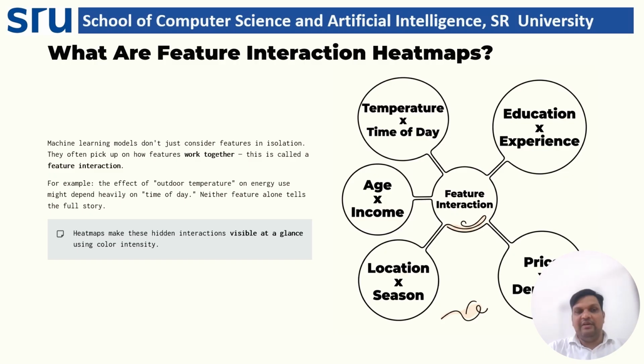For example, the effect of outdoor temperature on energy use might depend heavily on time of day. Neither feature alone tells the full story. A heat map makes these interactions visible at a glance using color intensity.